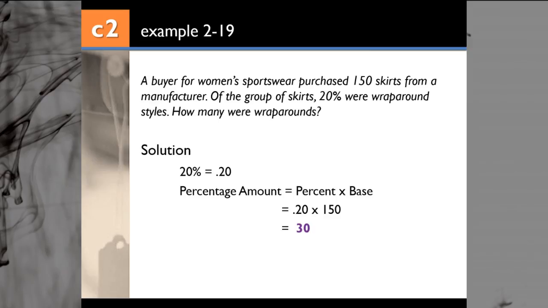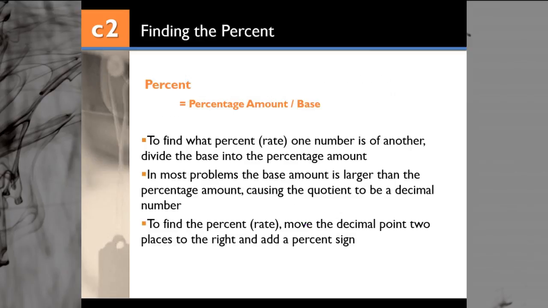That means 30 skirts out of 150 are wraparound styles. So if you know the percent and the base, you can calculate the percentage amount. And also you can find the percent. Percent can be calculated based on the percentage amount and the base.